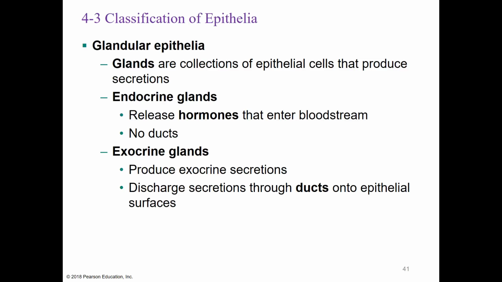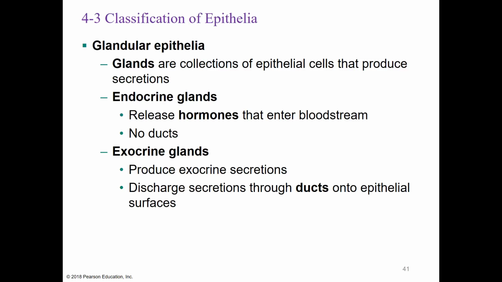Okay, so glands are collections of epithelial cells that produce secretions. Endocrine glands release hormones that enter the bloodstream. There are no ducts involved with endocrine glands, and we'll talk about the endocrine system when we get to Chapter 18, which is part of Anatomy 2 material.